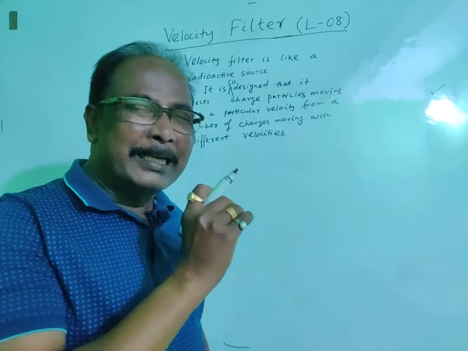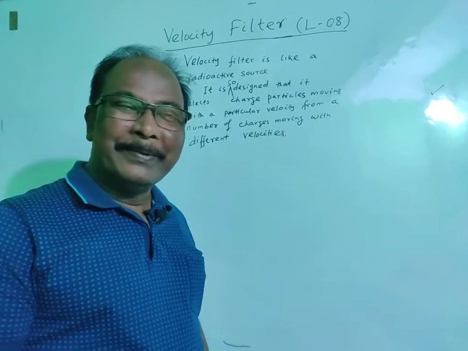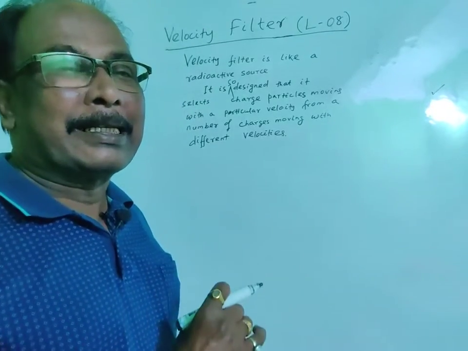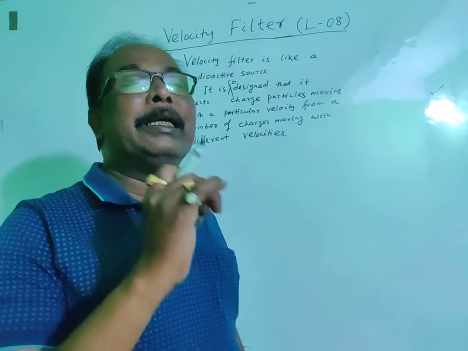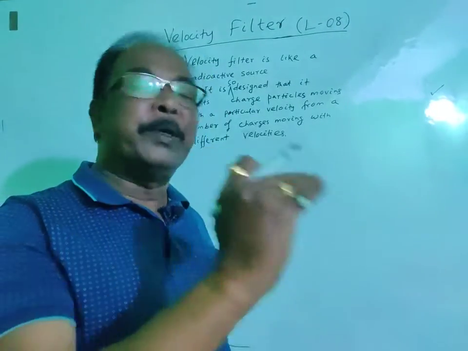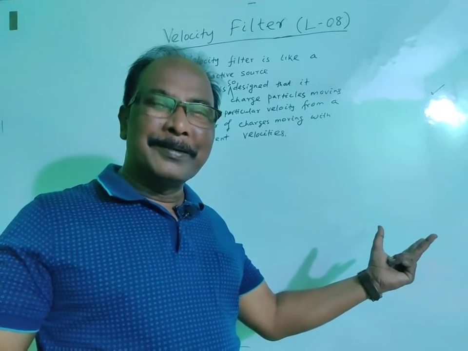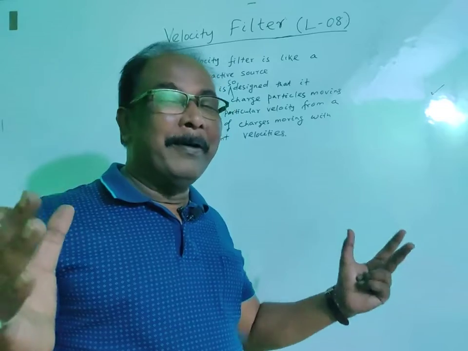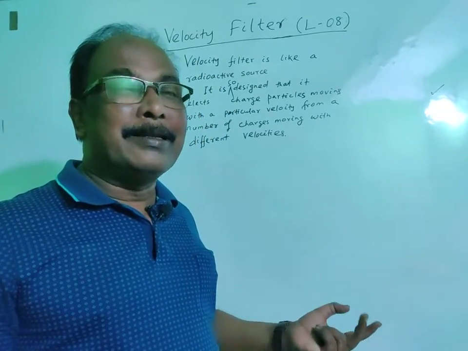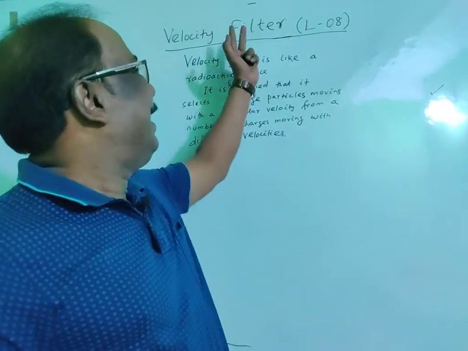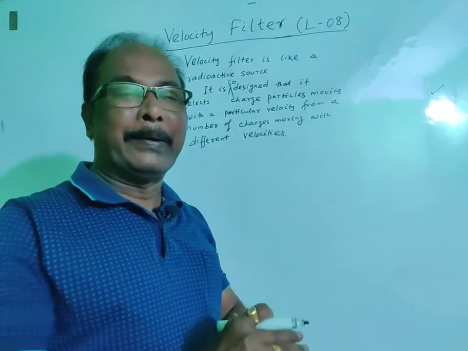This is the basic concept of a velocity selector or velocity filter. It selects those charged particles which move with a specified velocity from a number of charges moving with different velocities. Our discussion makes clear why it is called a velocity filter or velocity selector.